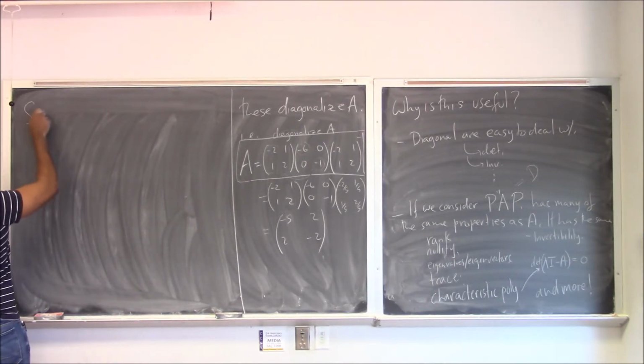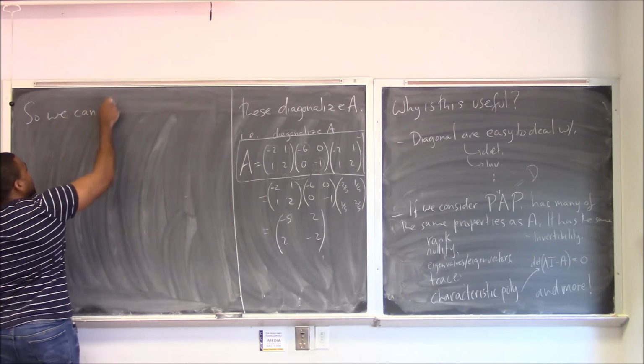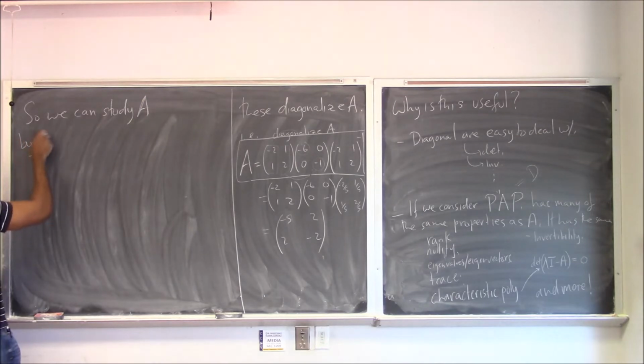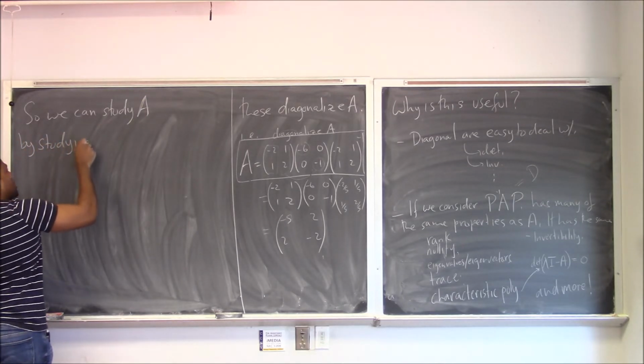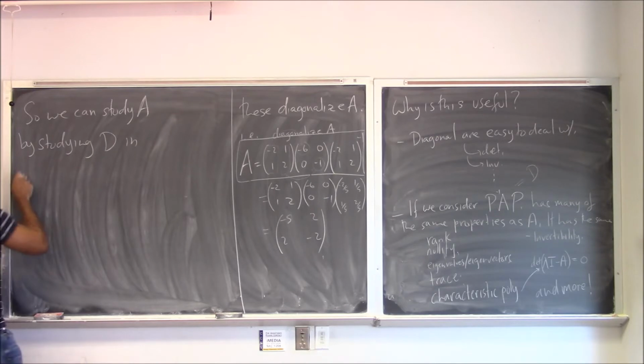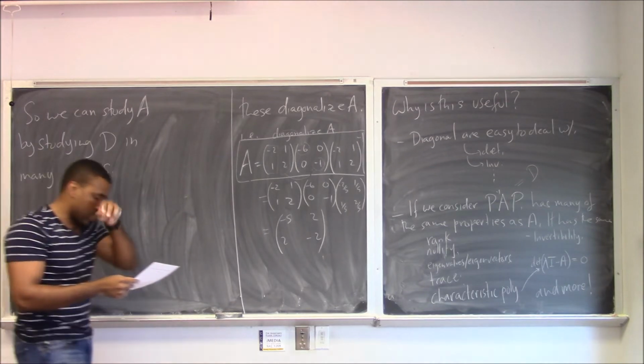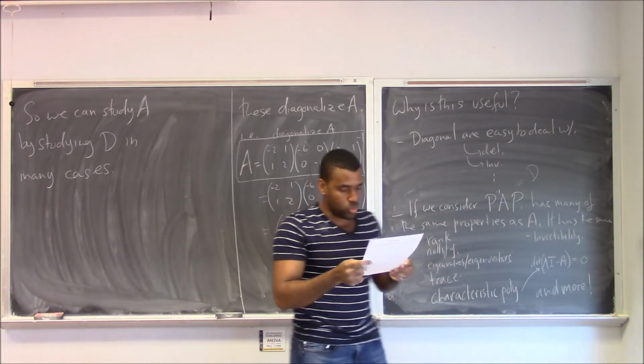So we can study A by studying D in many cases, and that is very nice. A lot of our proofs will work out nicer, a lot of our computations will work out nicer. A lot of things just work out nicer.